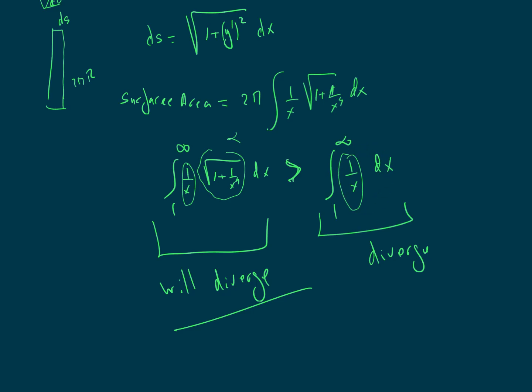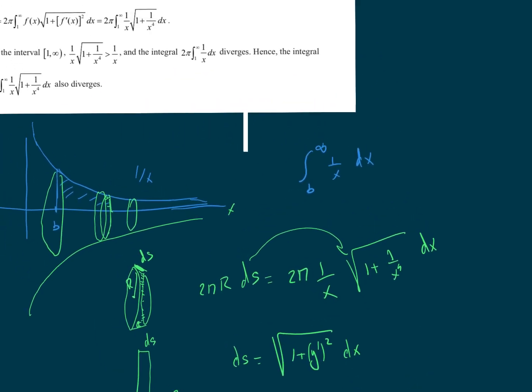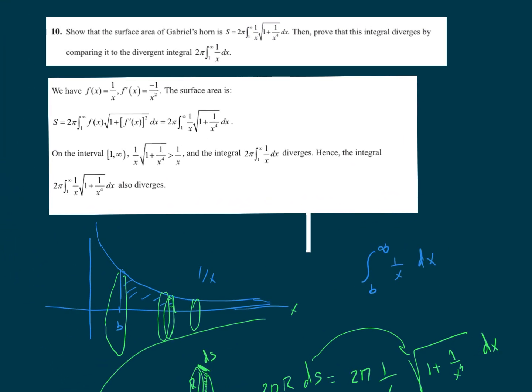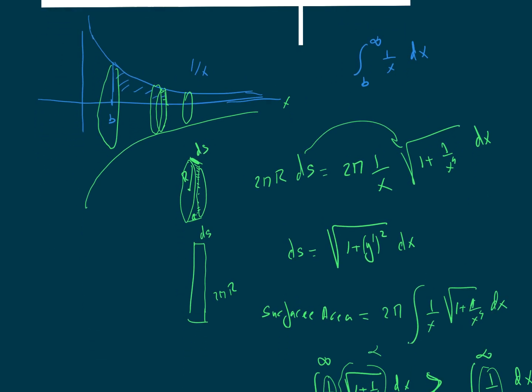Let me read what it says here. Yeah, more or less that this term is always bigger than this term, and because this diverges, this will diverge. Okay. Well, the evaluation of this problem is the following one.